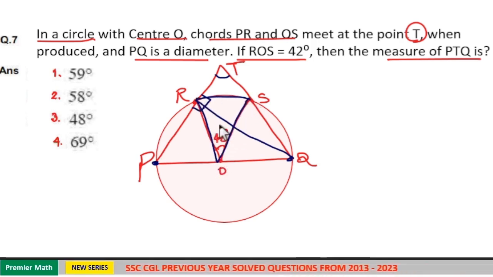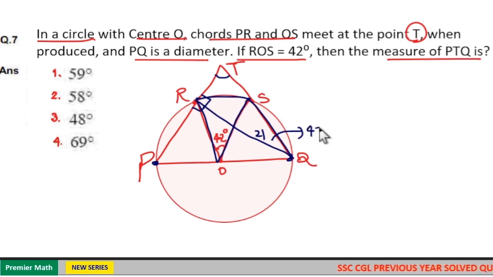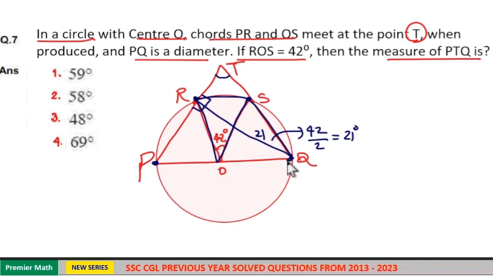Then same arc RS can create 42 by 2, 21 degree at any point on the circumference of the circle. Here point Q is on the circumference. So here RQS is 21 degree.